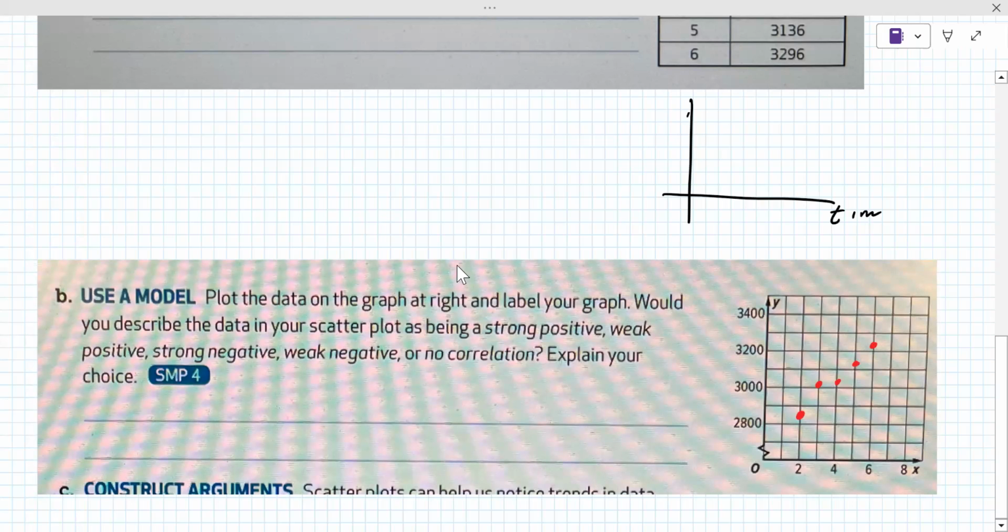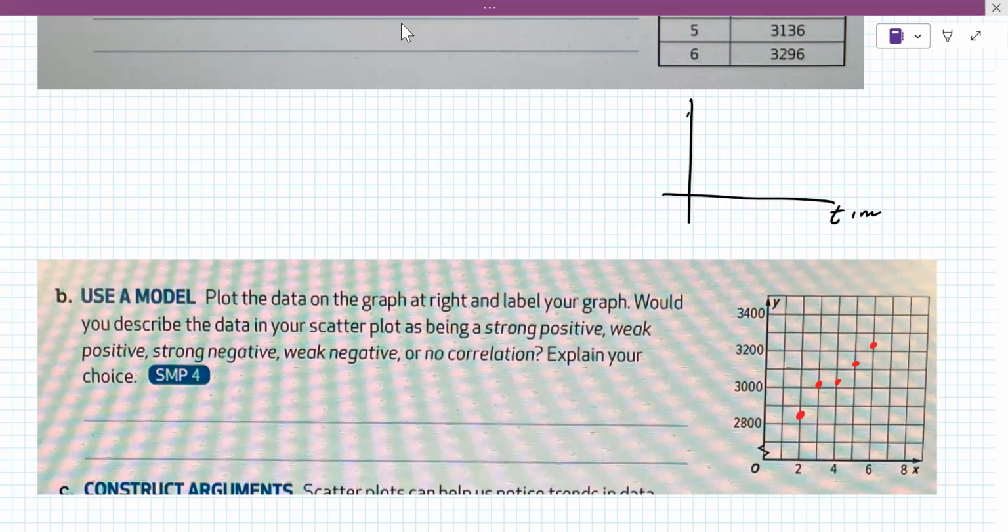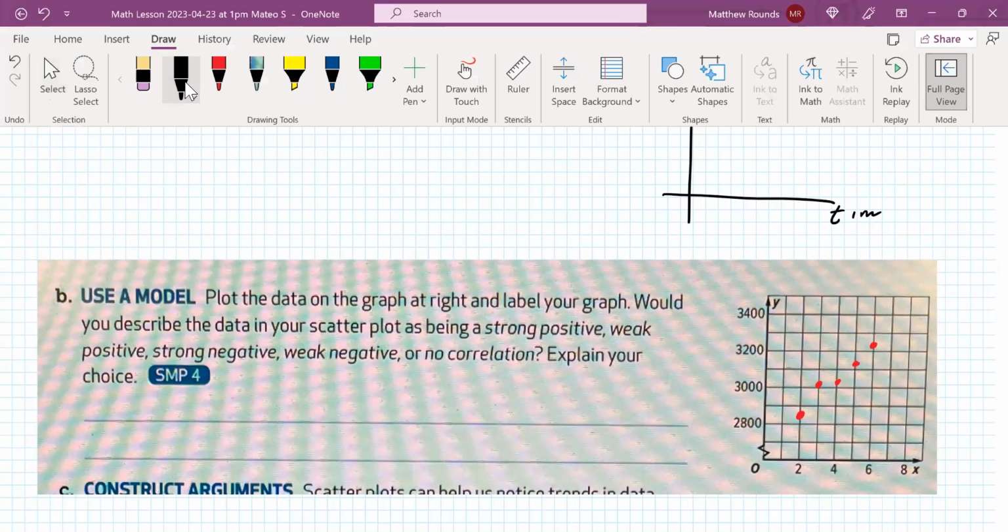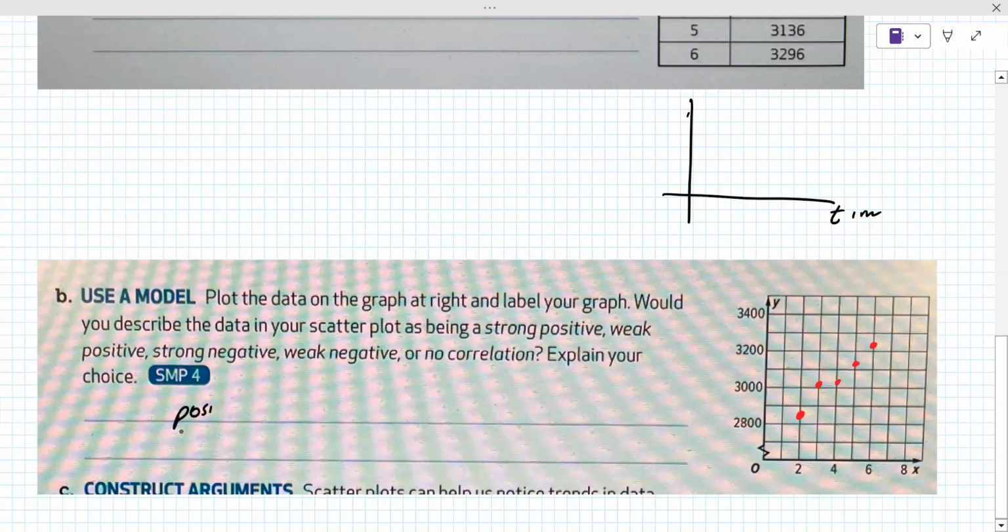So we can do what we've been doing. We can say, okay, there is positive correlation here, and then you have to decide whether it's strong or weak. And if you say strong, which I would hopefully say, you'd want to say something about how it fits very tightly around a line.